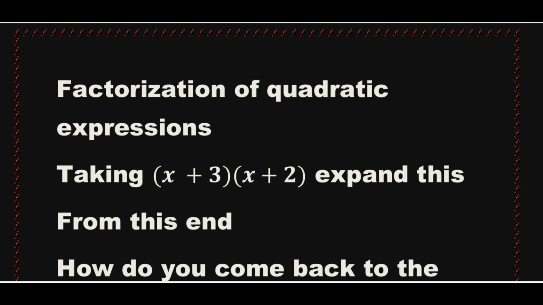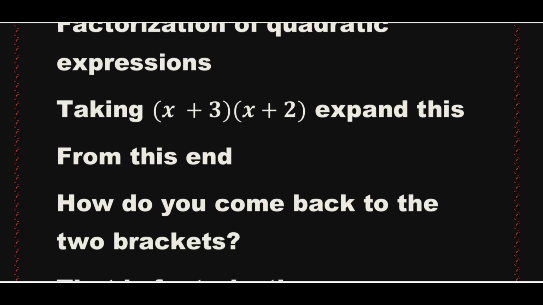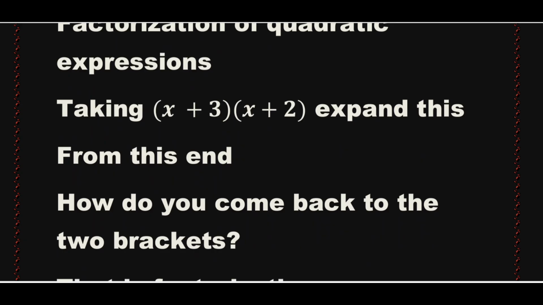We are moving to the next item, which we are calling factorization of quadratic expression. For example, we learned this. If you have x plus 3 into x plus 2, we expand this, and the value should be x by x is x squared plus 2x plus 3x plus 6, and then we simplify, we shall have x squared plus 5x plus 6.